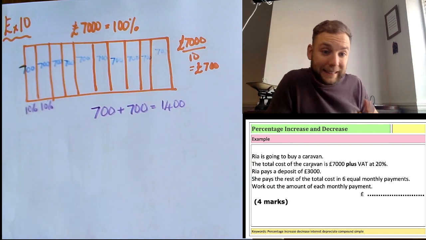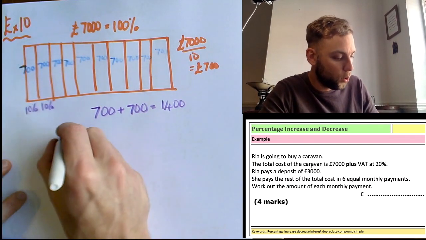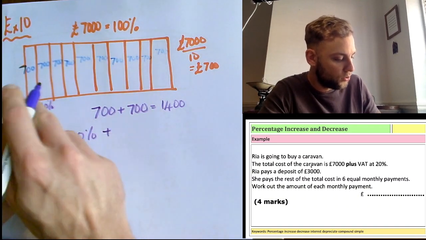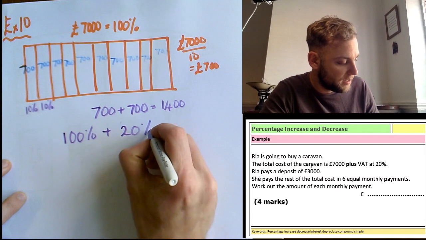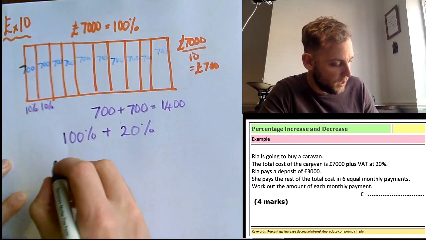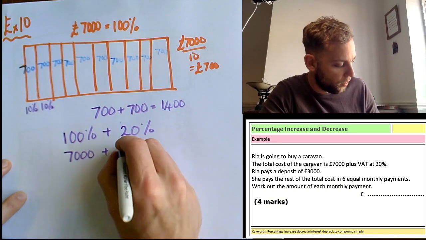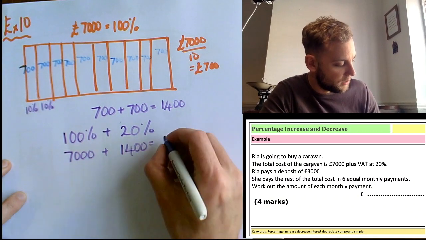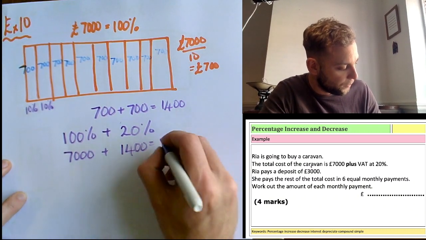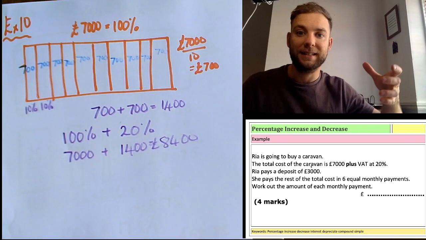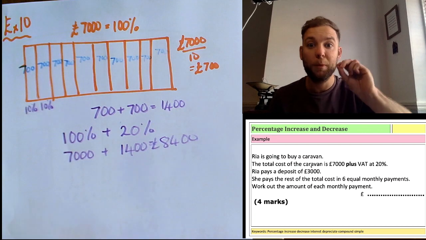Remember that I'm increasing by that amount, so I need to do 100%, which is this, plus the 20%, which is this. So that's going to be 7,000 plus 1,400, which is equal to £8,400.